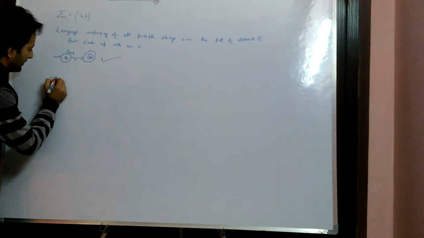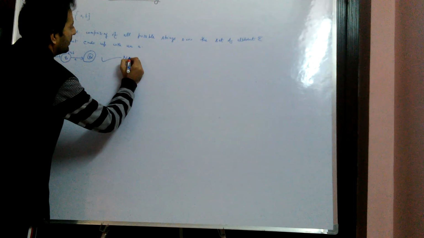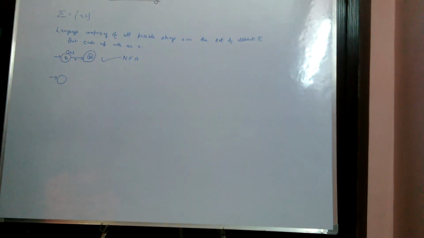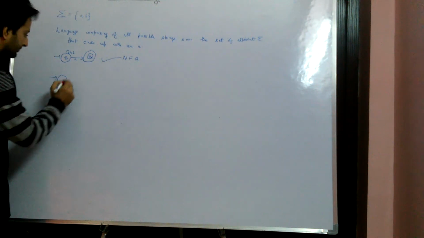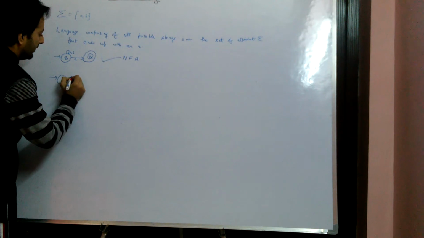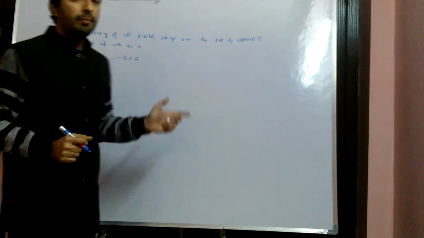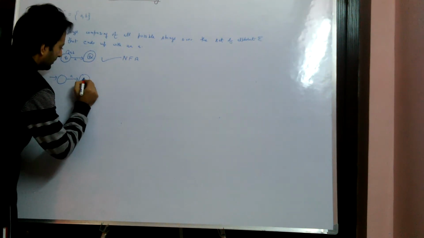Another way is this: that one was the non-deterministic way, but in deterministic we are going to consider each and every string. In this case, if we encounter an A, we will think, is this the last A? It might be the last A, and we will be reaching the final state.